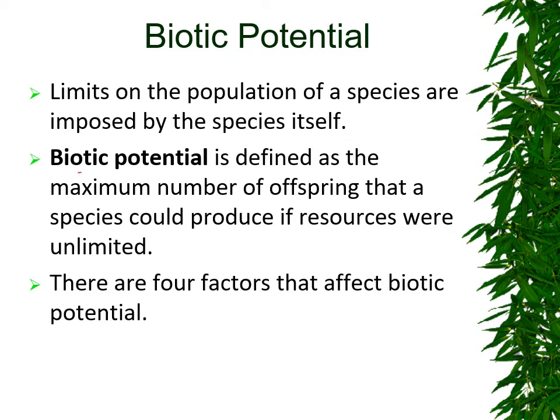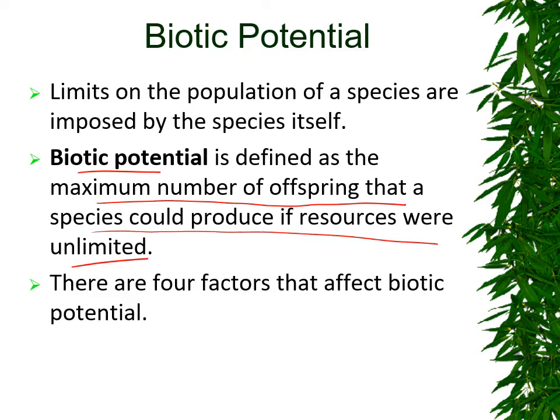By definition, biotic potential is the maximum number of offspring that a species could produce if resources were unlimited. If there were no other factors affecting that population, the maximum number of offspring a species could produce would be its biotic potential.